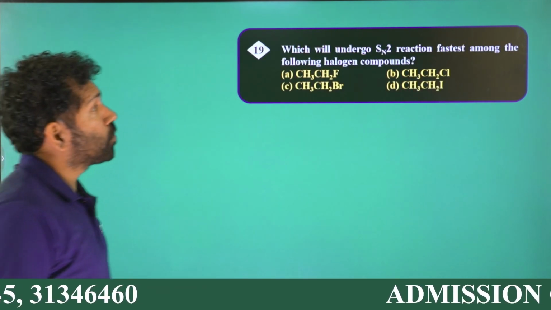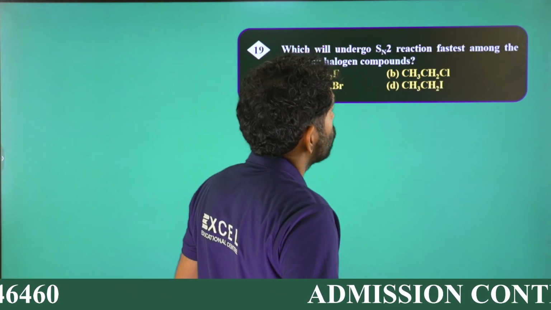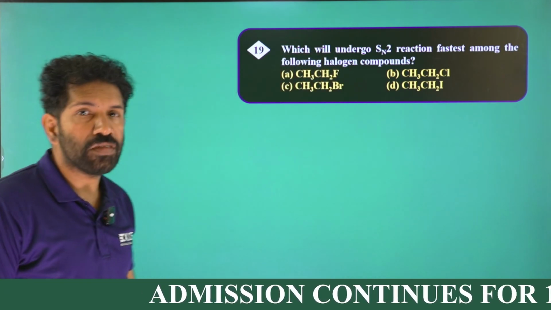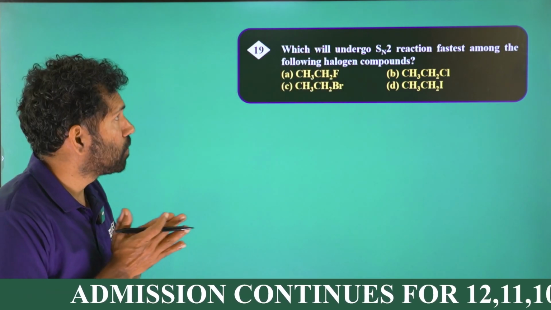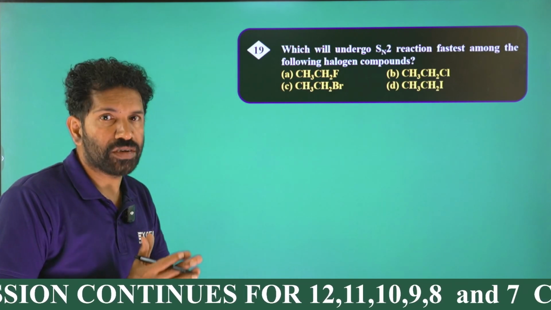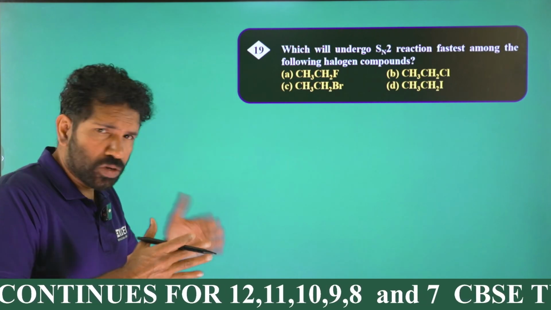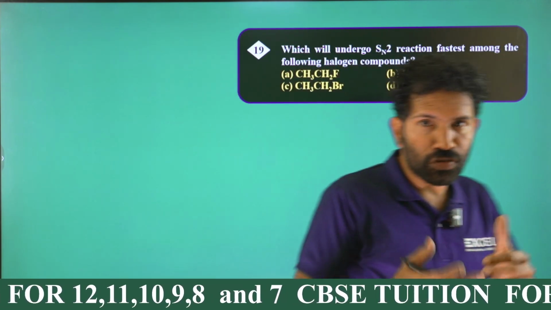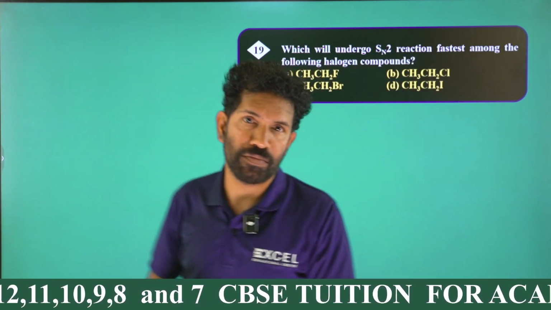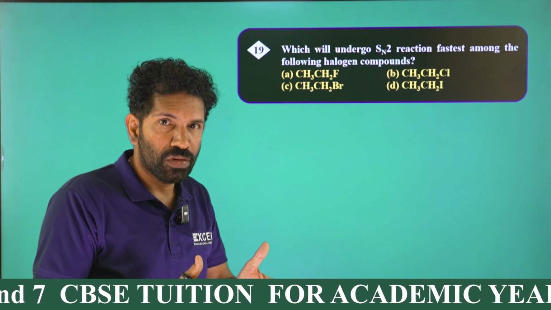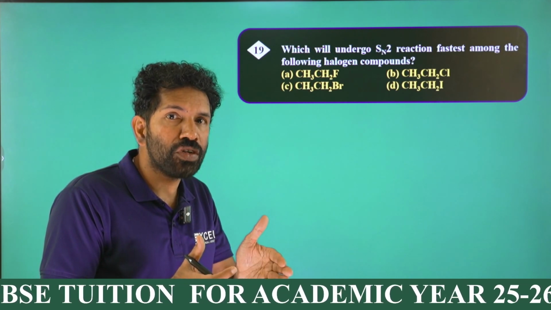Now the next question is, which will undergo SN2 reaction fastest among the following compounds? See, that is a very important topic. We know that the SN2 reaction takes place in a single step, without the formation of a carbocation. So the reactivity of SN2 is inversely proportional to steric effect.